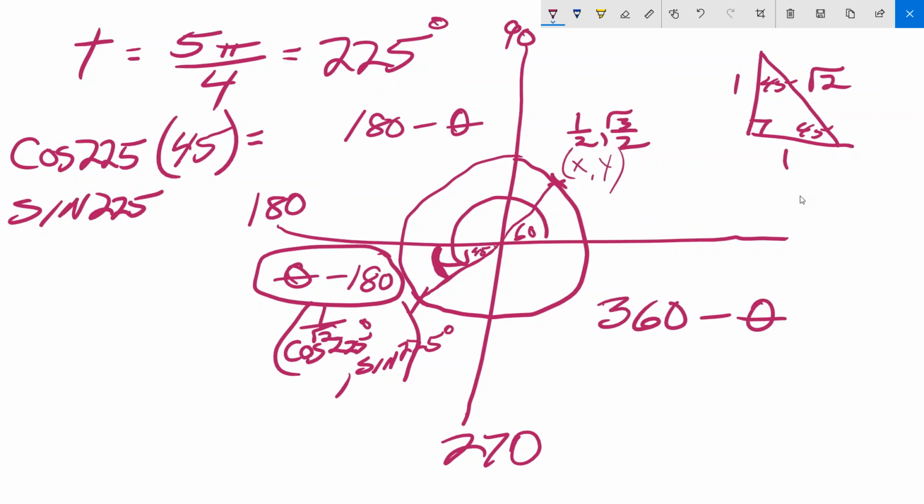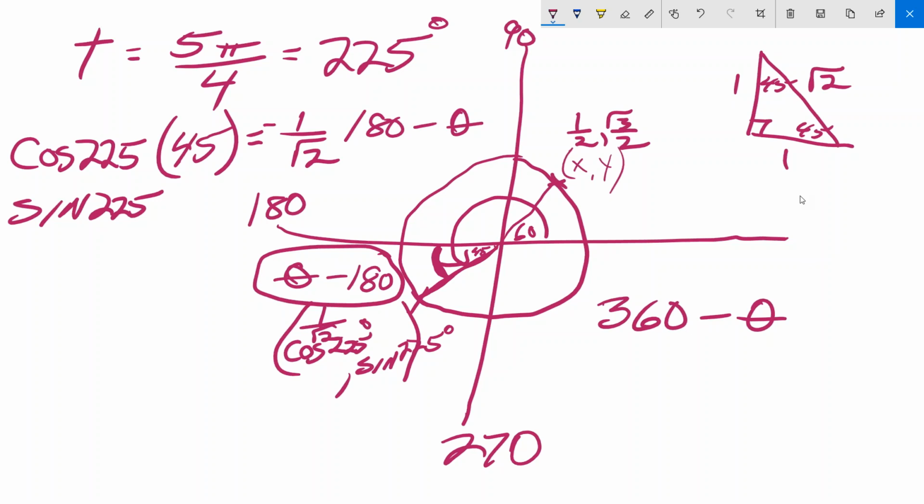Now, first of all, let's go back. We got 1 over root 2 for the cosine, right? But we didn't put a plus or minus sign on that. What is it in the third quadrant? Correct. Also notice that ray. The x-coordinate is to the left of the y-axis, so we know it's negative, right?